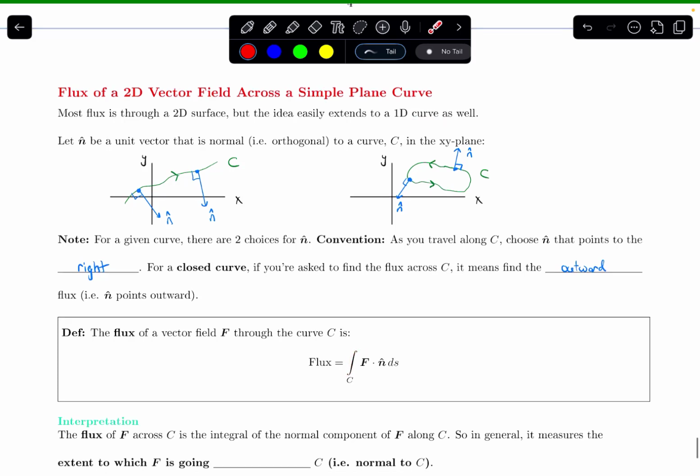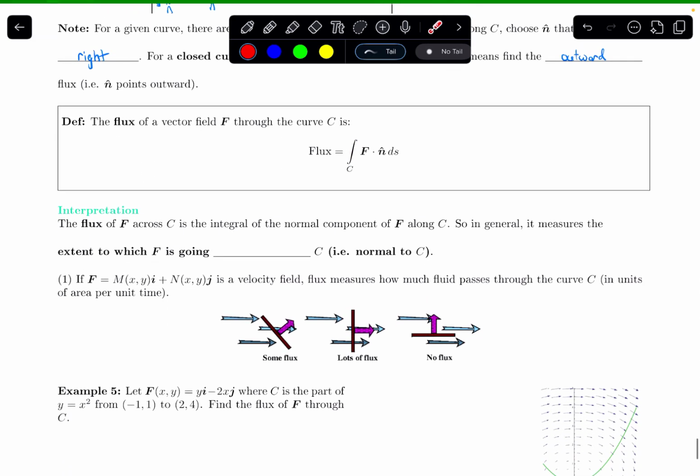So how do we interpret this? Conceptually, the flux of our vector field is the integral of this F dotted with the normal vector. That's what's called the normal component of F along the curve. So that measures the extent to which F is going normal to the curve, or I can write that as the extent to which F is going across the curve, so in the same direction as that normal vector.